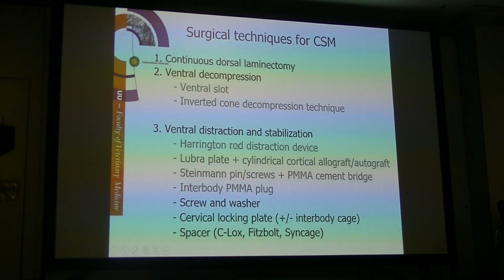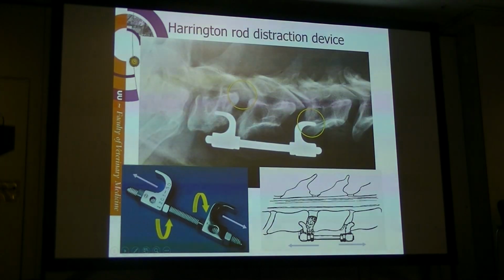This is maybe already 20 years ago. The Lubra plating has been used, Steinmann pins with bone cement, interbody cement plugs. And these are the more recent techniques, the screw and washer, cervical locking plate, with or without cages, and spacers like the C-locks, Fitzbolt, and the Sin cage.